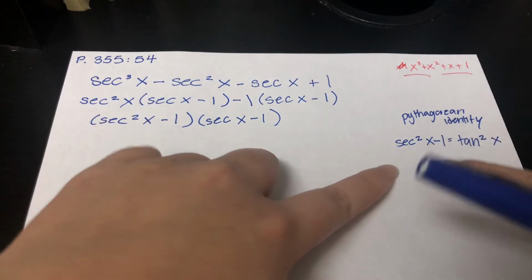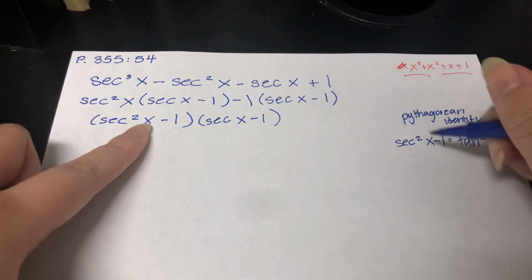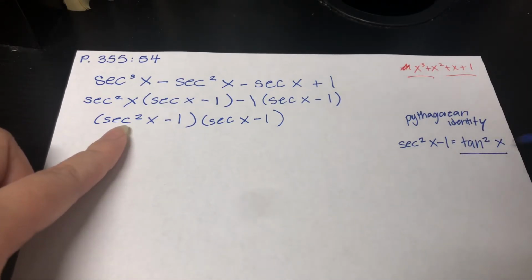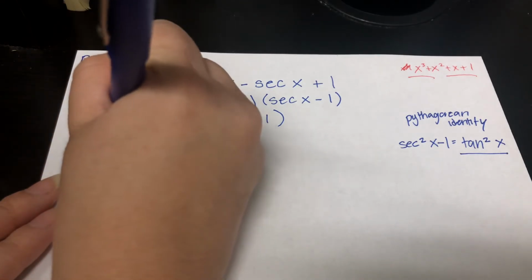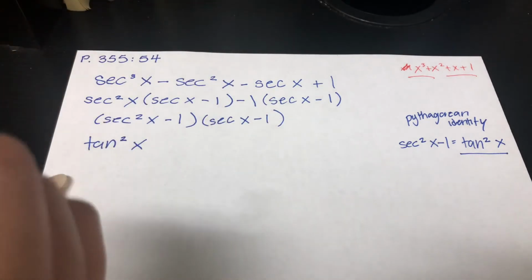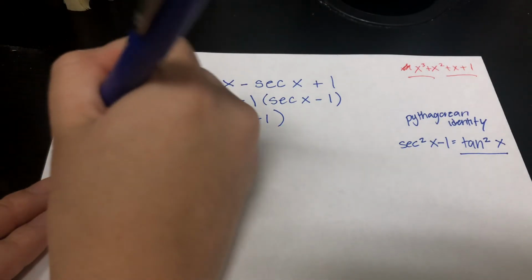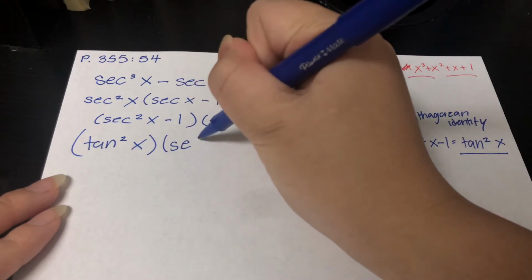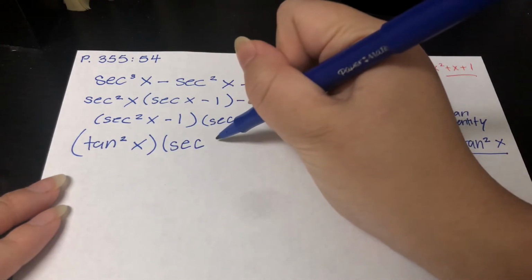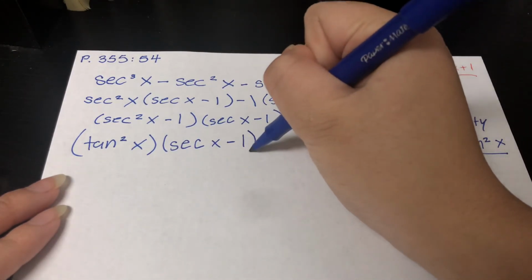So if we just take that and replace this one with this one, we get tangent squared, parentheses, times secant x minus 1.